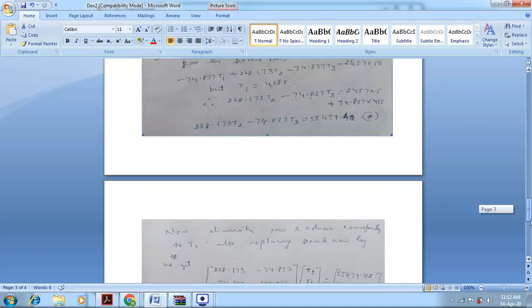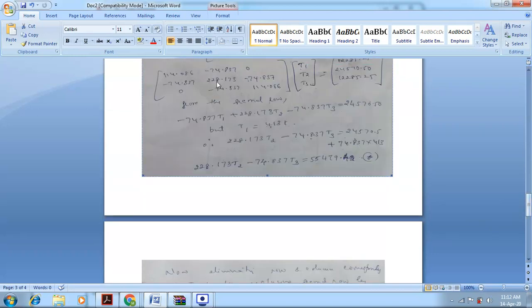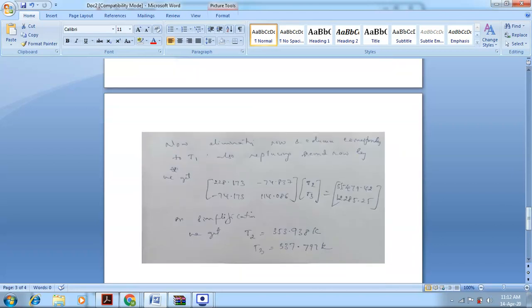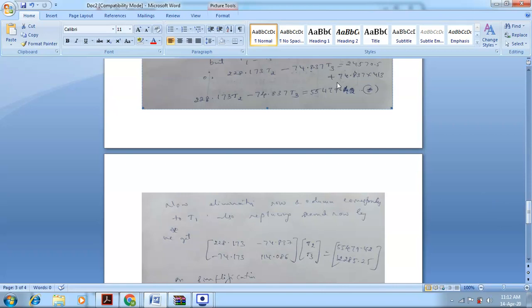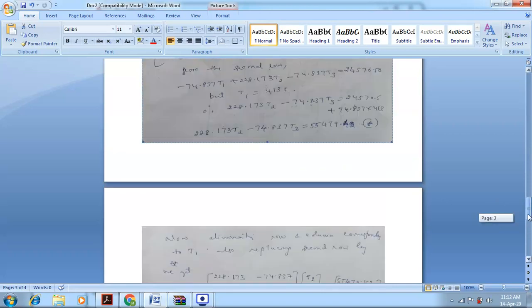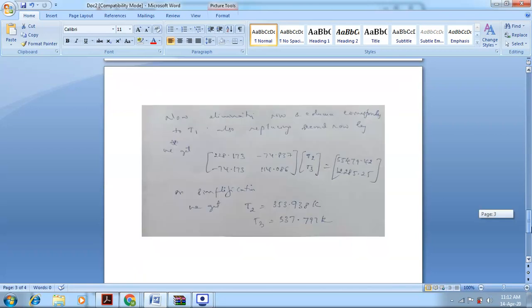The rest of the coefficients in this matrix you retain: 228.173, minus 74.837, minus 74.837, 114.086. Only this value will change since the T1 value is known. Your equation changes and the force vector value changes, because you replace that equation by the star equation.